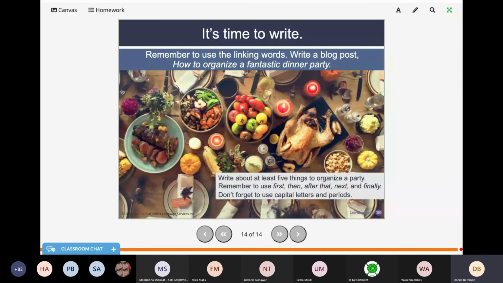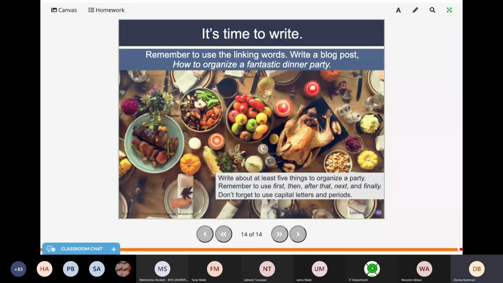Think about your 5 ideas and then think about what order you would put them in and link them to the linking words. And there's a reminder on the screen. Don't forget to use capital letters and periods or full stops. Don't forget your punctuation. If we forget our punctuation, then it can make things very difficult to read.